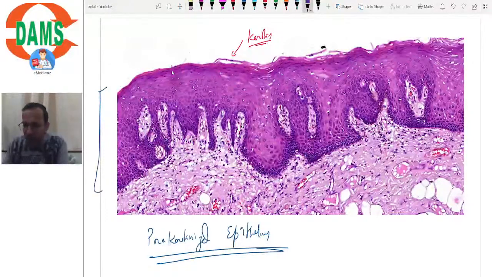So this is para-keratinized epithelium, and as you can see, these cells have a definite orientation. The basal cells appear cuboidal, and they appear oriented towards the surface, isn't it?